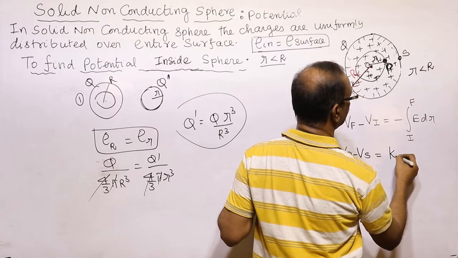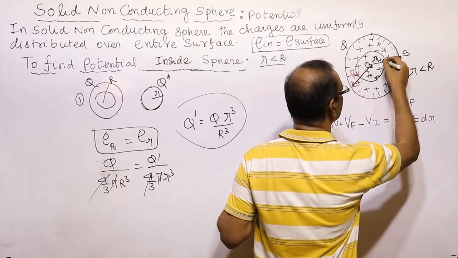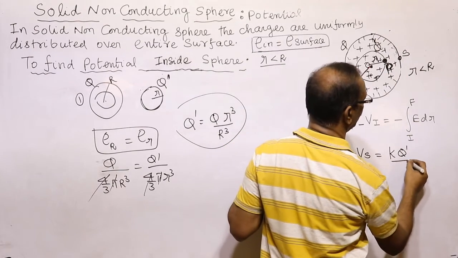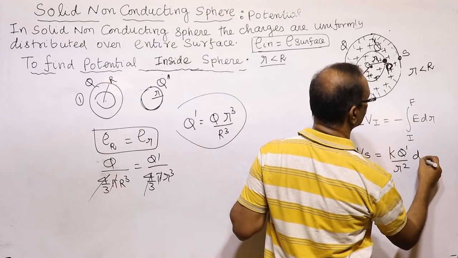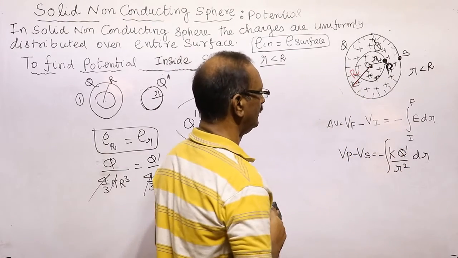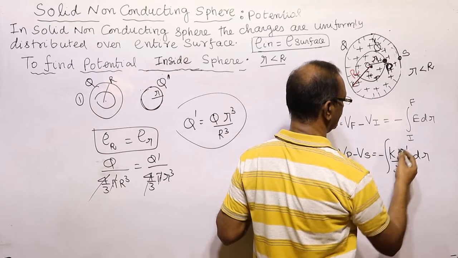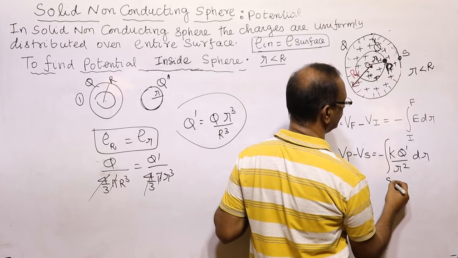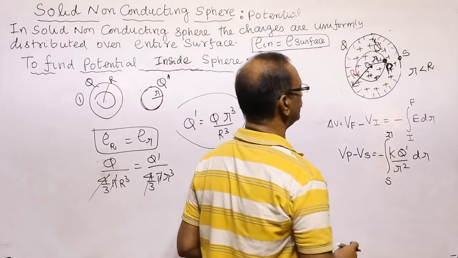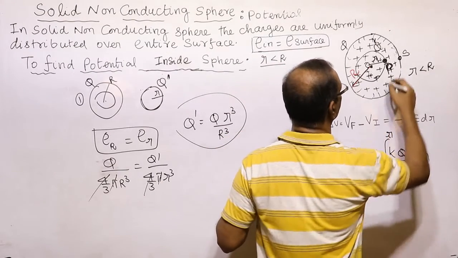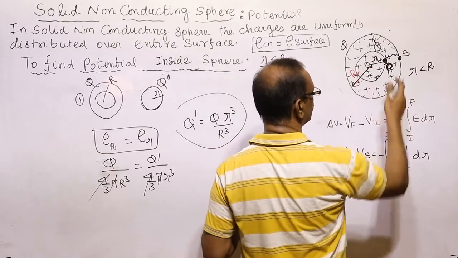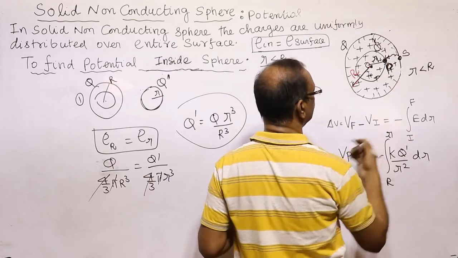It is equal to K into Q dash by r square, because at this point the enclosed charge is Q dash, into dr. The initial point is the surface, so the charge is brought from the surface up to this point. At the surface the distance is R, and at this point the distance is r.